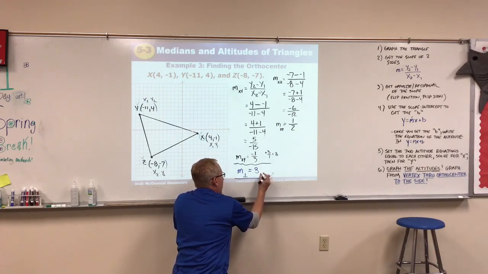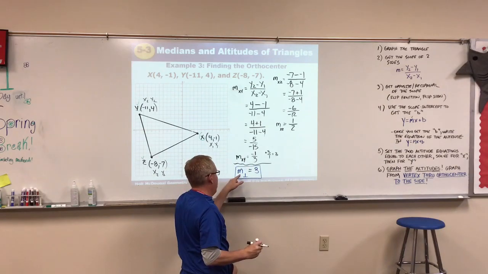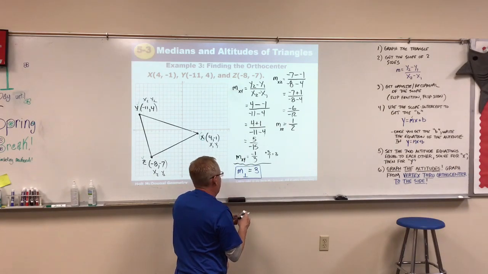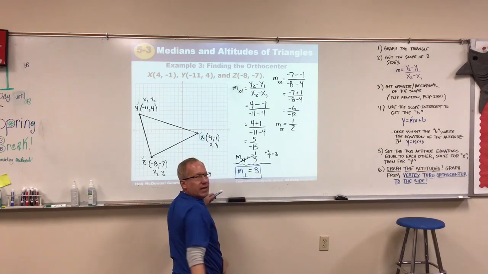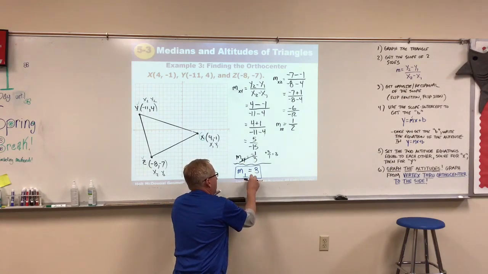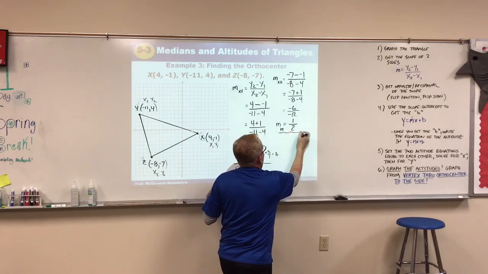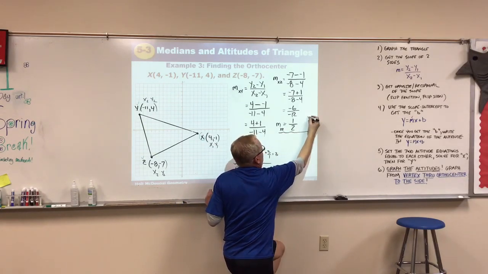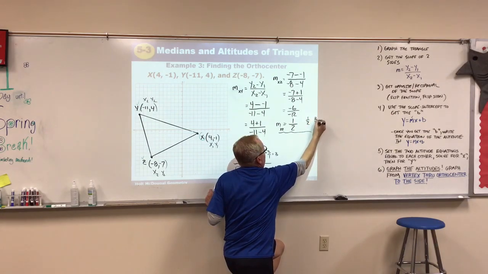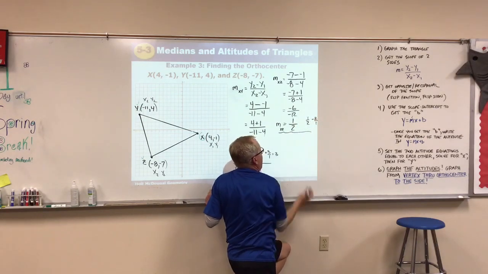I'm going to put a box around this. This is the most important slope here. We need to use this. Once I get that, I'm really not concerned with the original slope anymore. I'm going to use this slope when I run the equation. The same thing with this one. I'm going to flip 1 over 2 to 2 over 1, and positive changes to negative.